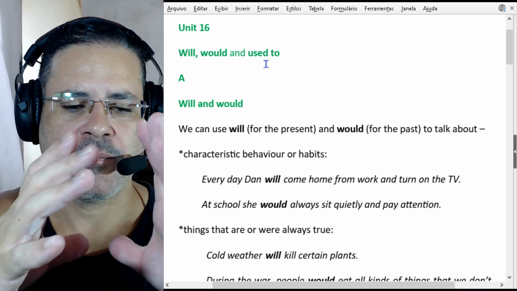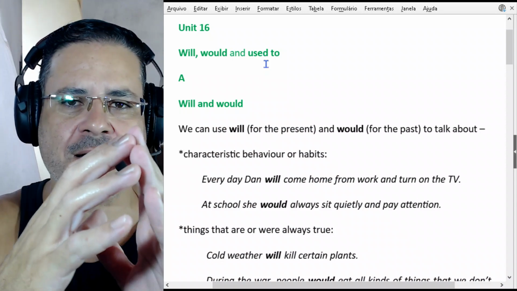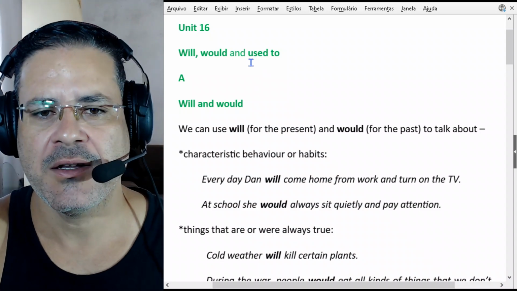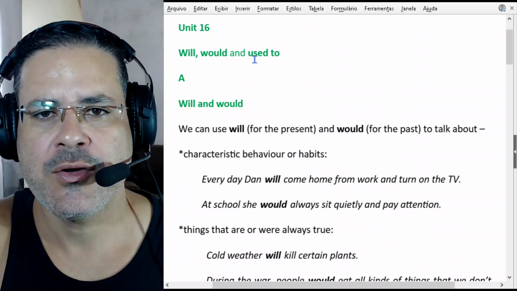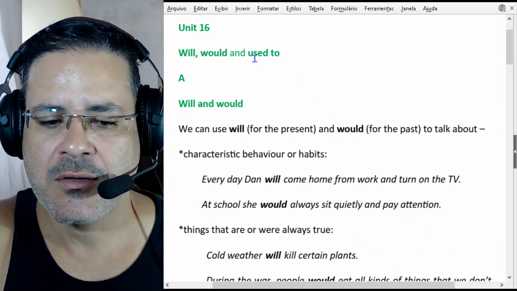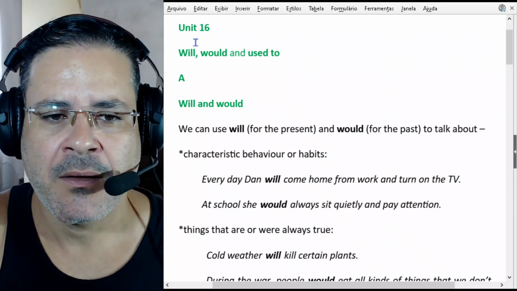So we smash the sounds together, and we pronounce only one t sound. So it gets used to, not used to, but used to. Okay, remember that. Now let's go on.